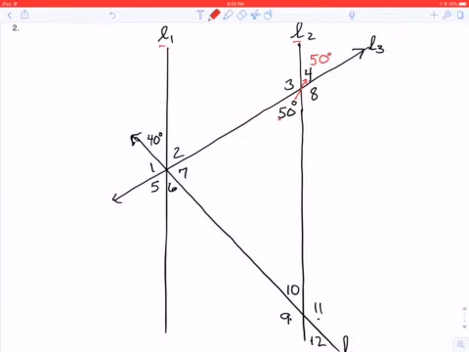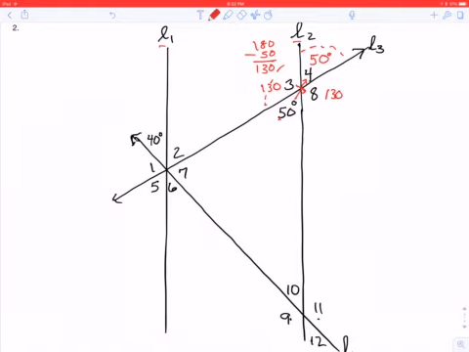Now angle 3 is supplementary to angle 4. They have to add up to 180. So 180 minus 50 is 130. Angle 3 is 130. The angle directly vertical to it is also 130.